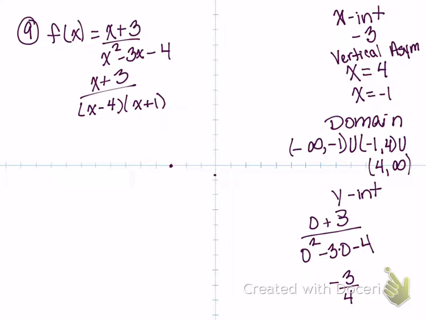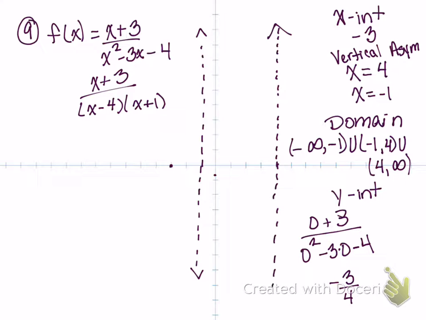For this one, I have an asymptote at -1, and I also have an asymptote at x equals 4. I have an x-intercept, we'll make that a little bit darker, at x equals -3. And my y-intercept is at -3/4.